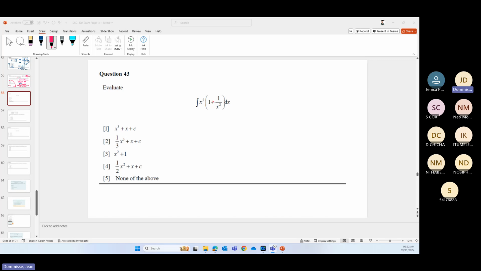This one is the easier one to say, let's first simplify this. We don't need to work with 2 terms, so let's multiply that in.